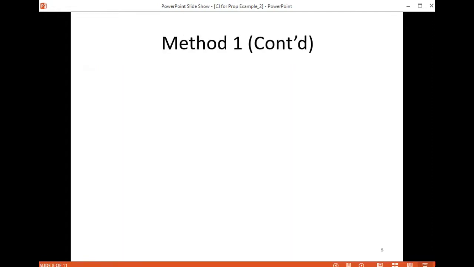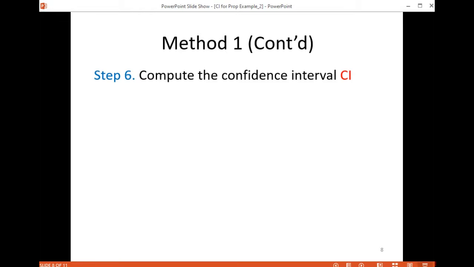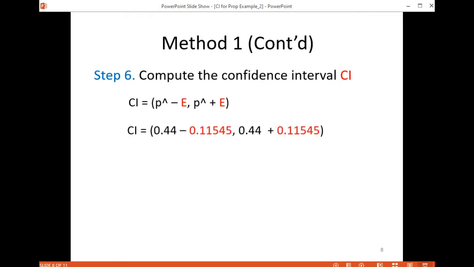So now we are in a position to find the confidence interval, which is the last step of method 1. The confidence interval by definition is p hat minus E as the lower endpoint, comma, p hat plus E as the right endpoint. So hopefully you wrote down what E was.